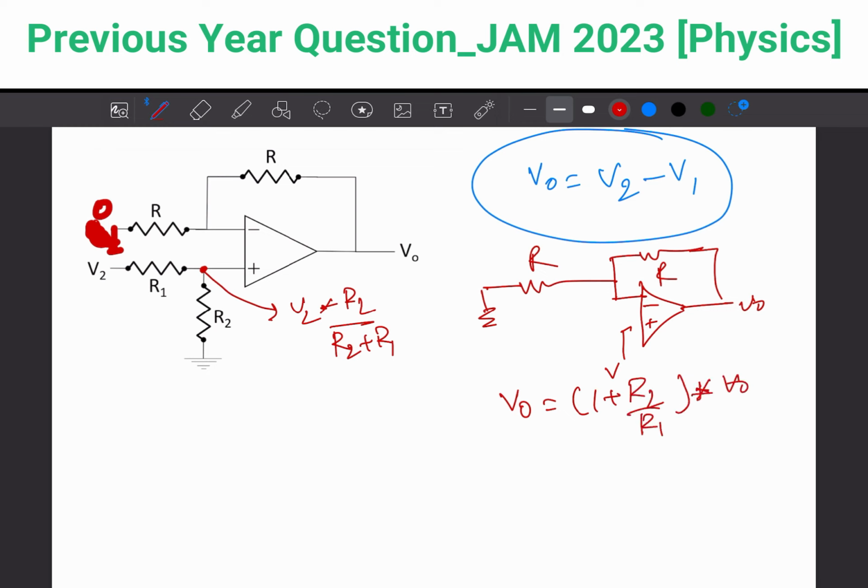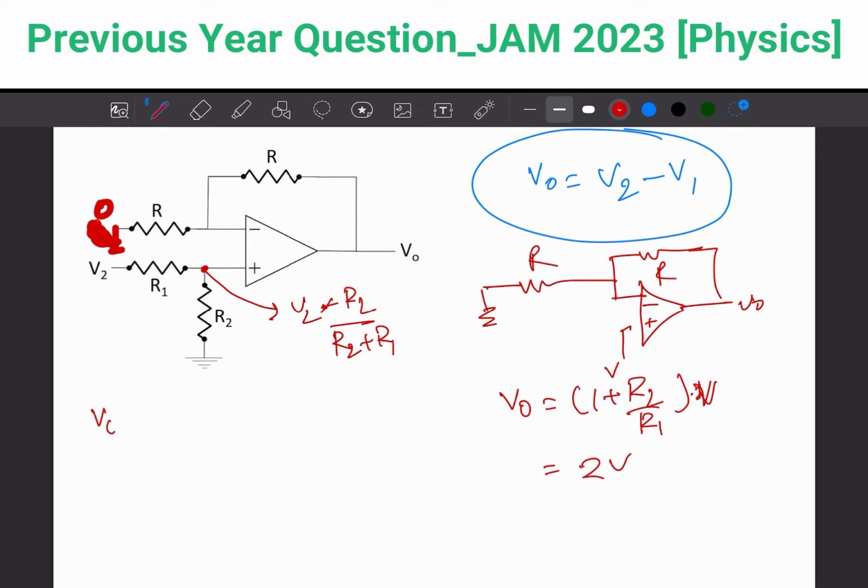This is the non-inverting amplifier. That means V0 is equal to 2 of V. So here I can write V01 is equal to 2 multiplied by V2 multiplied by R2 by R1 plus R2.